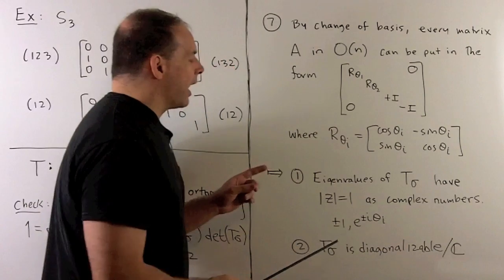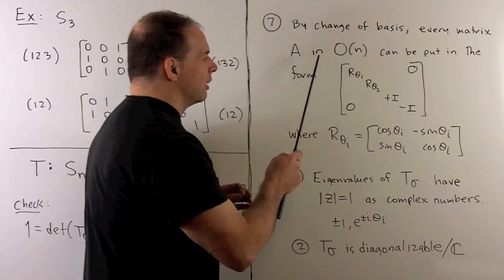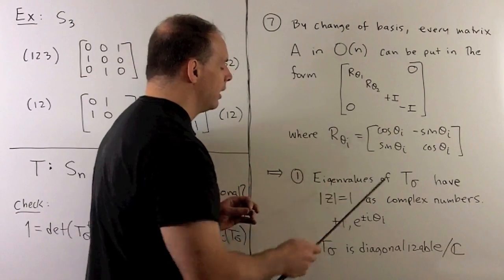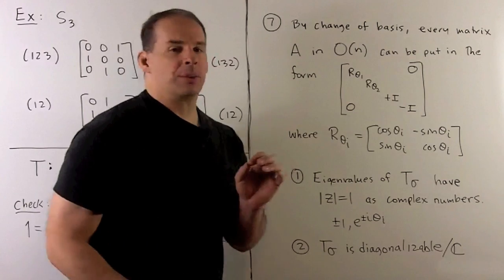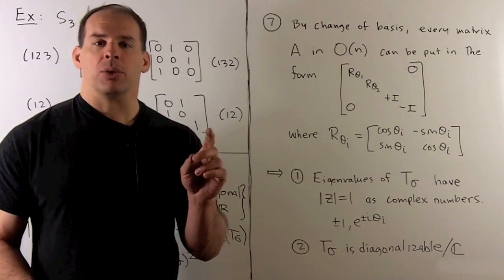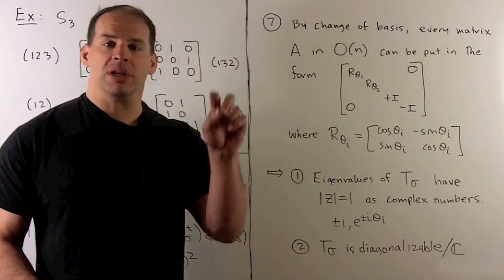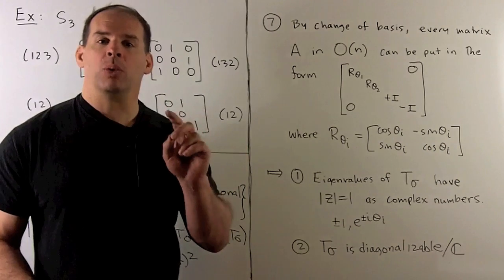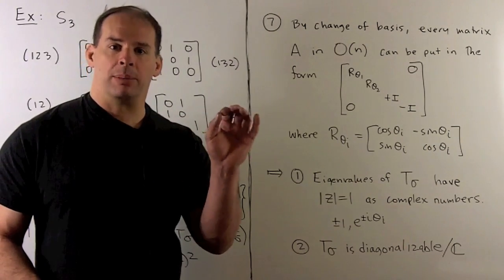Now we'll also have, because we have our matrix able to be put in this form, that they're going to be diagonalizable over C. So we may not be able to put them in diagonal form if we insist on real numbers, but we will be able to over the complex numbers.